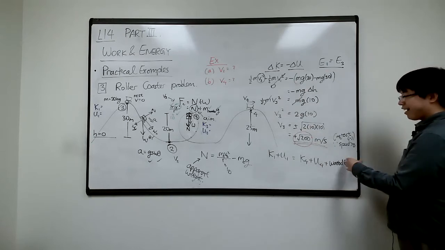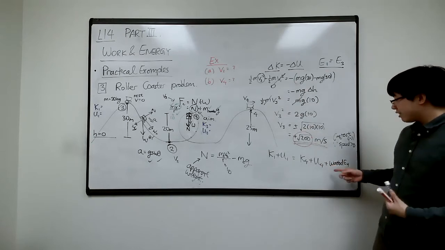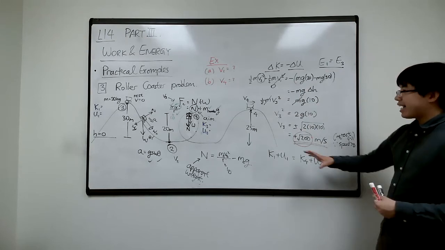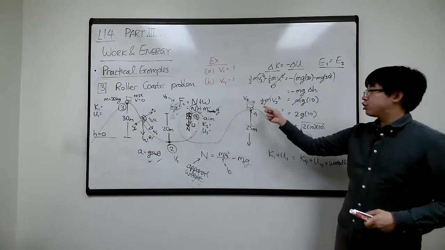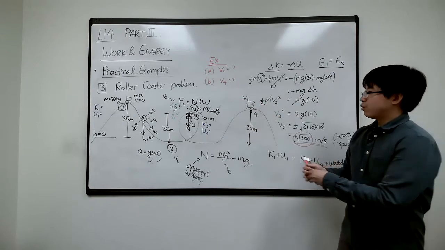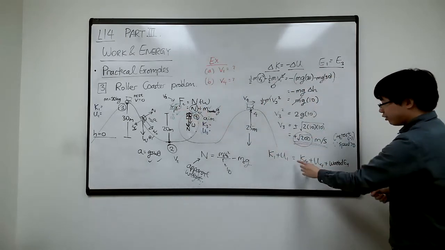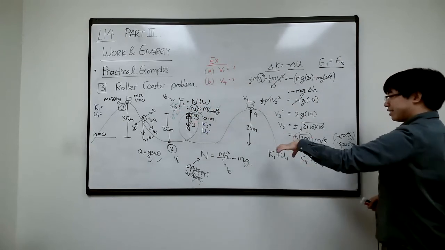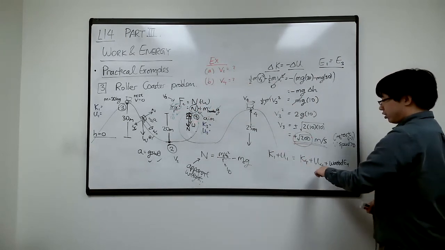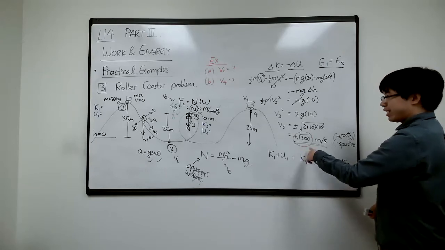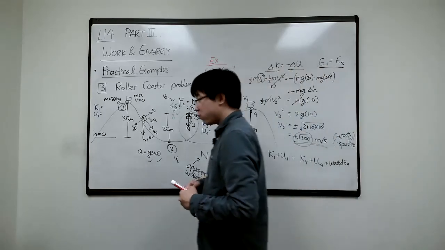So that's how you calculate how much wasted energy there is. And you see the fact that you have wasted energy by the time you reach point 4, so then you should add up all the heat that's generated throughout the process. You will see that the kinetic energy will be less, right? Because if you reach a given height, you cannot reach as high. That's also another reason you can think of.